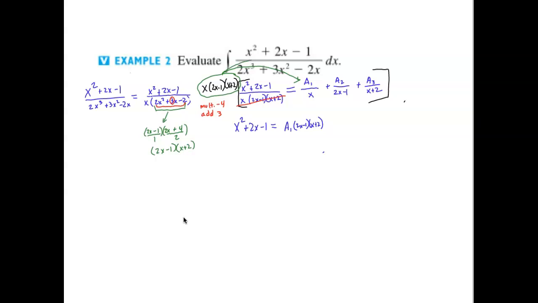Likewise, when I multiply that common denominator over to the A2 term, the 2x minus 1 factors will cancel each other out, but I'll be left with A2 times x plus 2.